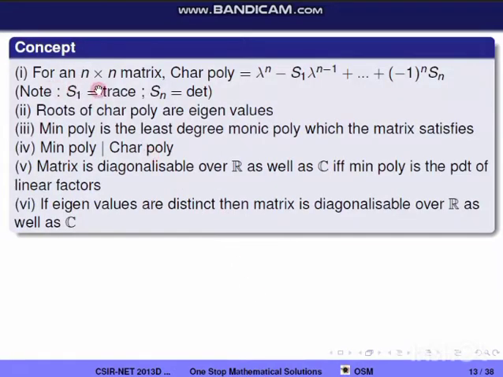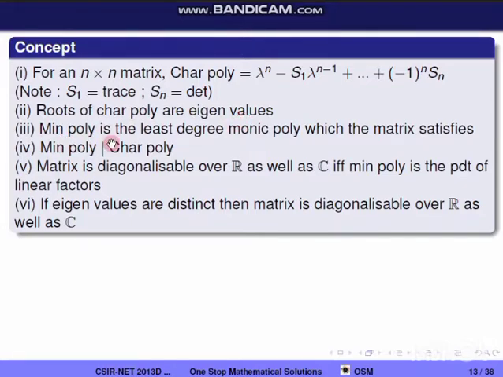For an n cross n matrix, characteristic polynomial is given by lambda power n minus s1 lambda power n minus 1 plus, up to minus 1 whole power n sn. Note s1 is the trace of the matrix and sn is the determinant of the matrix. Roots of the characteristic polynomial are called the eigenvalues.